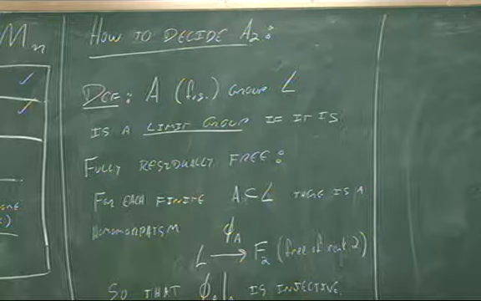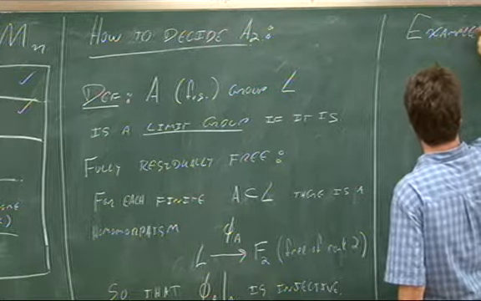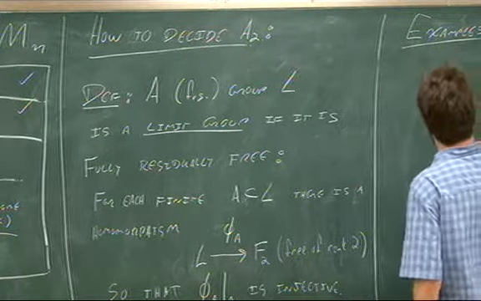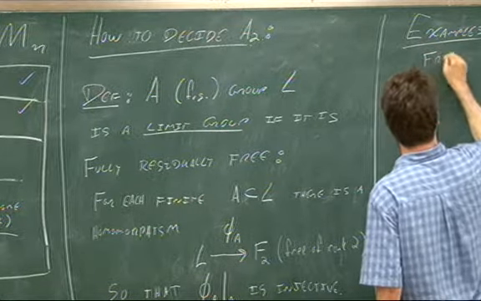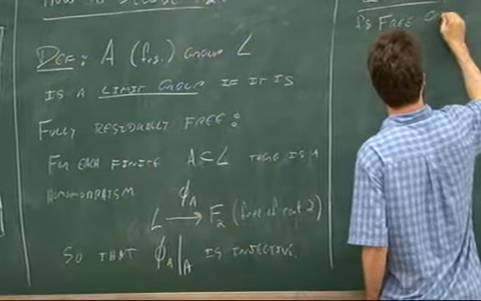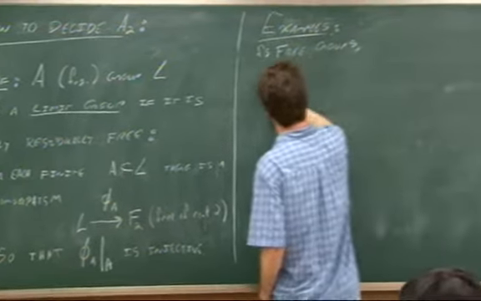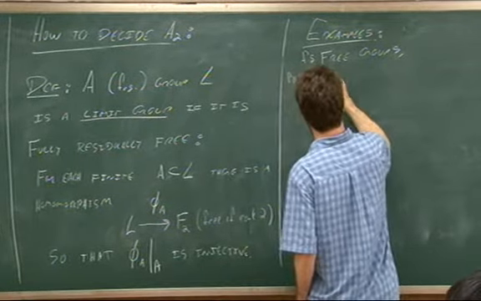Okay. So it's become increasingly apparent since I started doing this that these are really an important next class of groups to look at after free groups. They're groups that are, in some sense, nearly free, but not necessarily free. So examples: well, finitely generated free groups. Finitely generated free abelian groups.